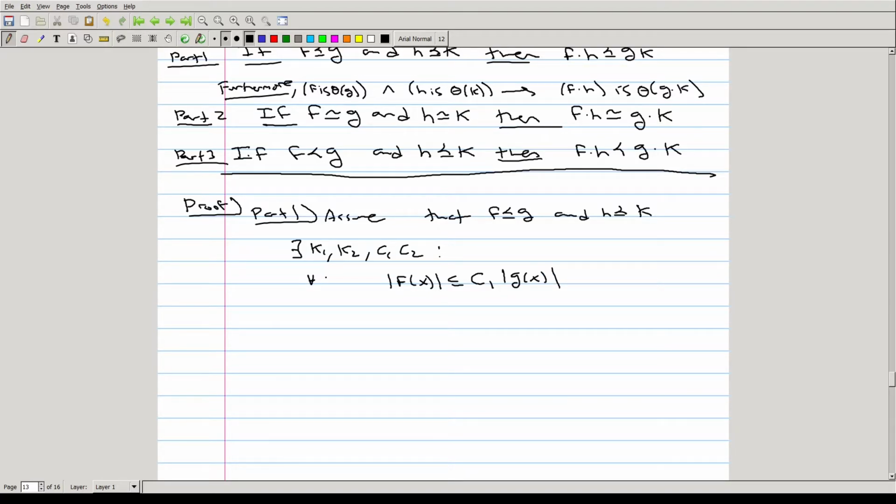This is for all x greater than k1, and for all x greater than k2, we have that h of x is less than or equal to c2 times k of x.